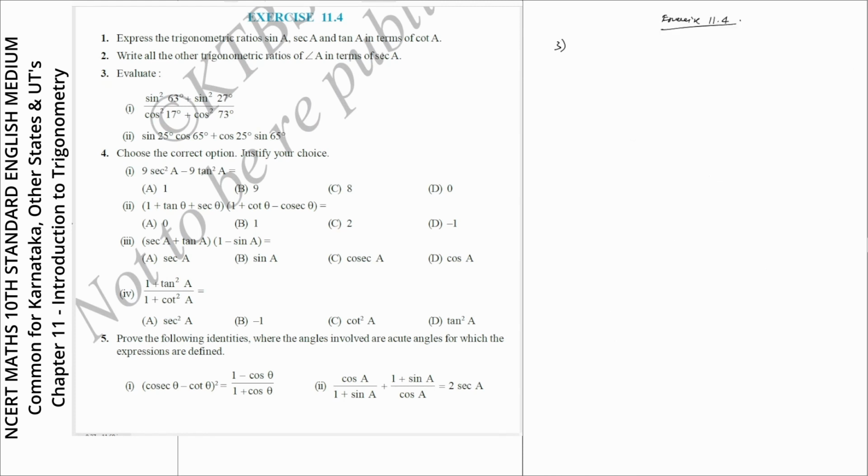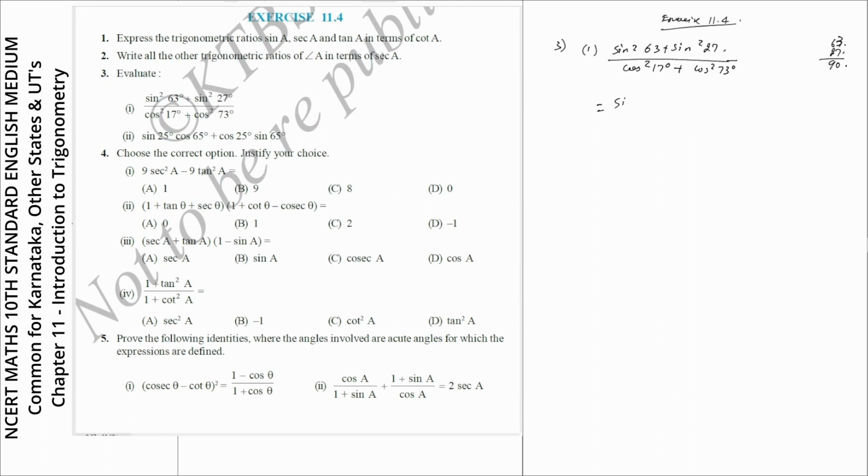Exercise 11.4, question number 3, evaluate. First sub question: sin square 63 plus sin square 27 by cos square 17 degree plus cos square 73 degree. Now here we can see 63 plus 27, I am getting 90.